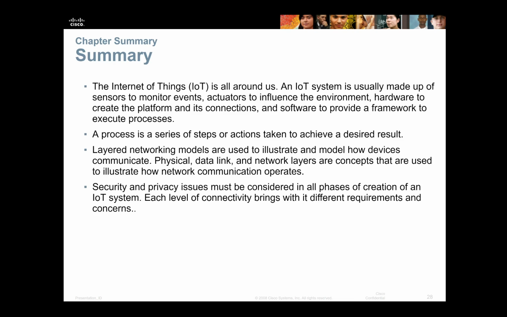There are layered networking models, and basically they say how devices communicate. And there are several different kinds of protocols or standards you can use there. But anyways, make sure that it fits the purpose.